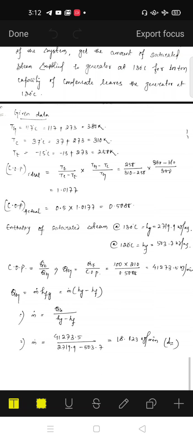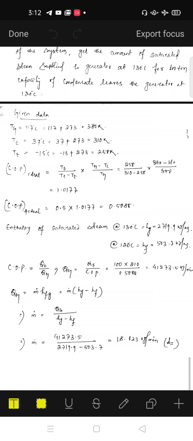Just convert ton into kilojoule per minute, multiply by 210 in the numerator, means 100 into 210 by COP, the actual COP 0.5088. So we get QG as 41,273.5 kilojoule per minute.